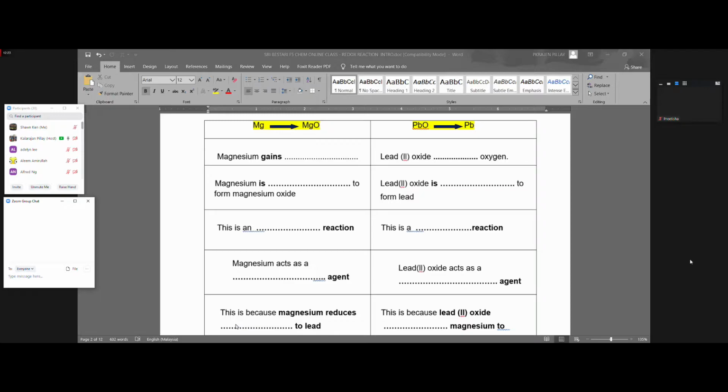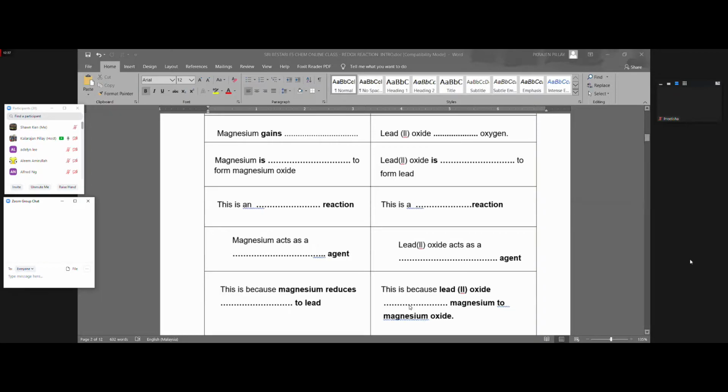That's why it's a reducing agent. And then here, lead 2 oxide is an oxidizing agent. Why? Because it oxidizes, O-X-I-D-I-S-E-S, magnesium to form magnesium oxide. So in this topic, you have to know which is your oxidizing, which is your reducing, what is oxidized, what is reduced. That's all you have to know.